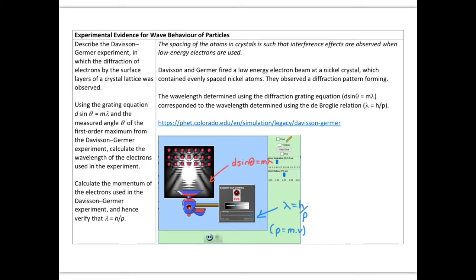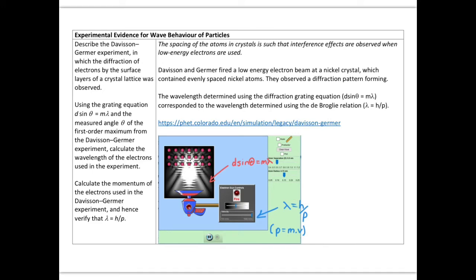Then what they also did is they calculated a wavelength using de Broglie's relationship. And they could do that from knowing the velocity. So the velocity they could work out from the voltage or the energy that the electrons had, momentum equals mass times velocity, or you could use that relationship we talked about on the last slide, and then they were able to work out a wavelength for those electrons using the de Broglie relationship.